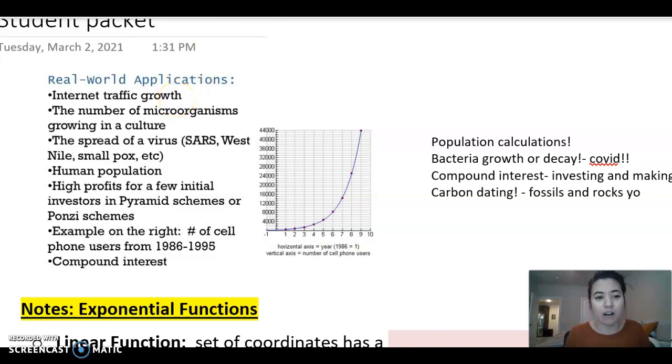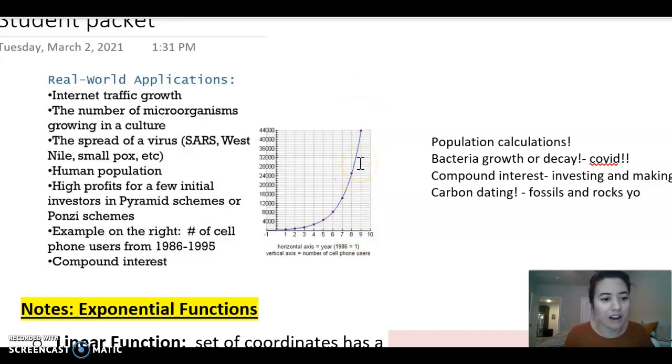On the technology standpoint, measuring the number of people accessing the internet can be modeled with an exponential graph. This graph specifically is for the number of cell phone users between these two years. Obviously this has now skyrocketed and it's probably way up here now, because this ended in 1995.